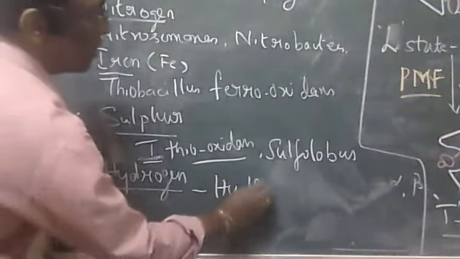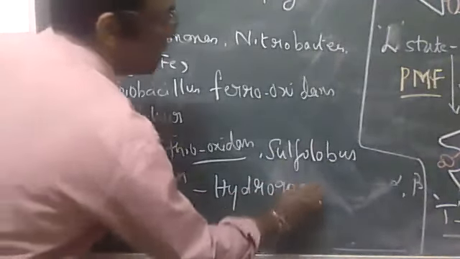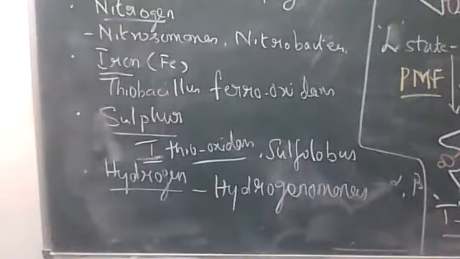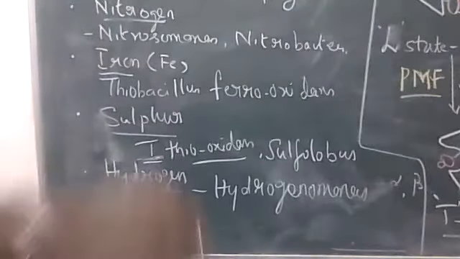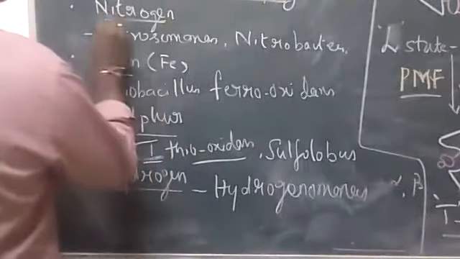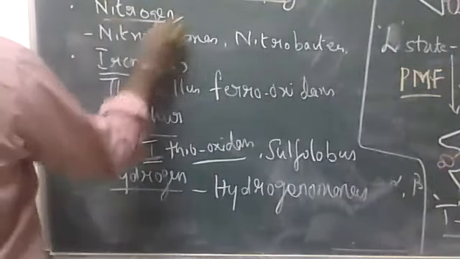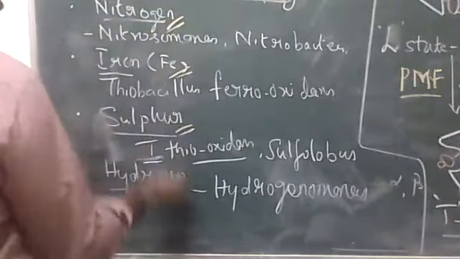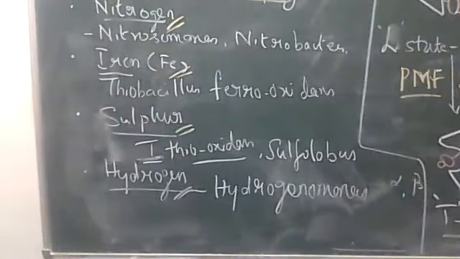Example, Hydrogenomonas. These are the different organisms which use different types of inorganic compounds as source of energy. Nitrogen, iron, sulfur, hydrogen. These four are there in your syllabus, children. You have to study all these four. What is this called as? Chemoautotrophy.